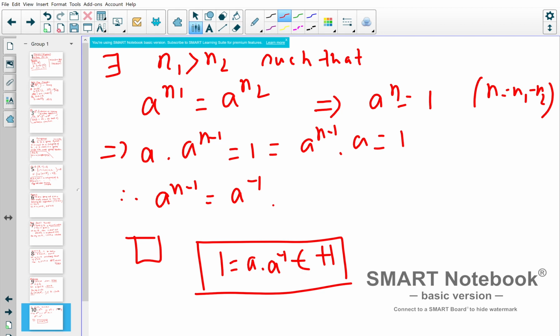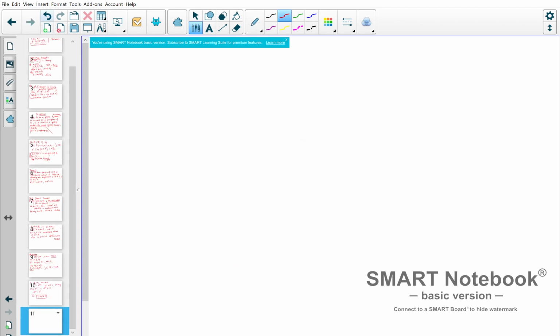Now let me define one more important idea. For the time being, we will learn one more idea and then come back to these subgroup things, and this idea is called homomorphism.